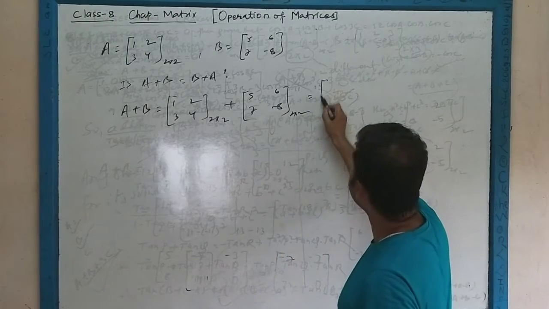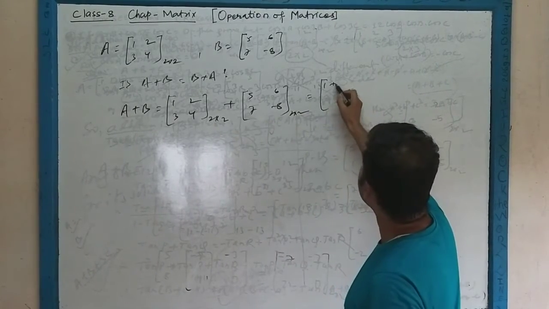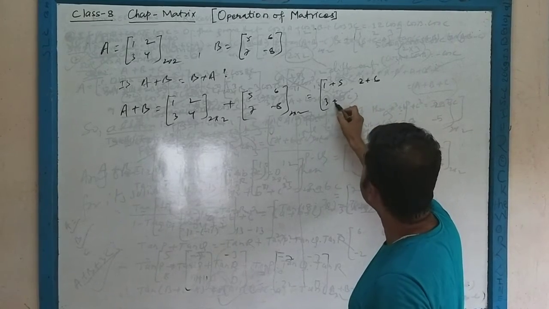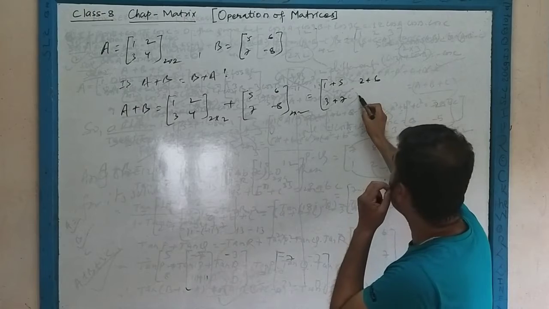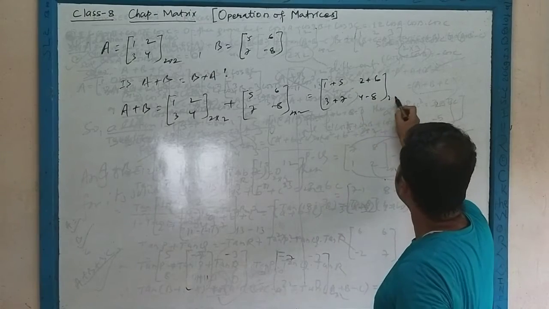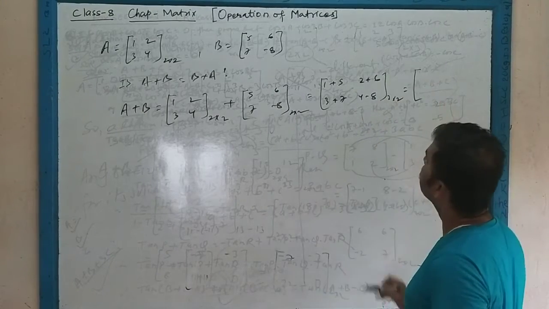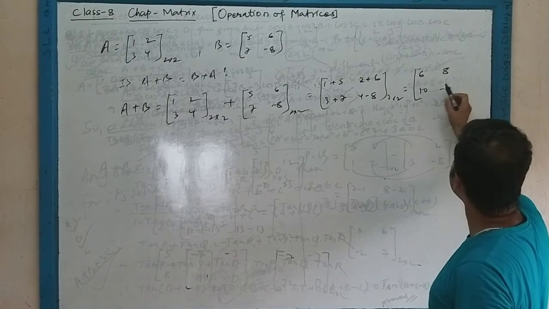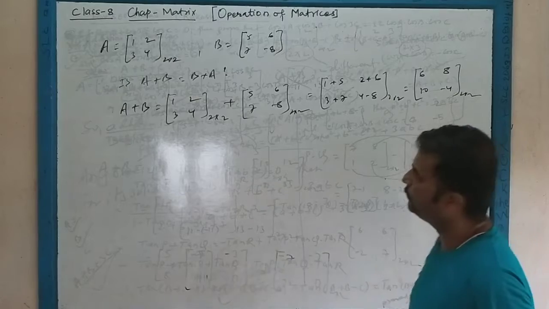So let's add these. 1 plus 5, 2 plus 6, 3 plus 7, 4 minus 8, 2 by 2. That is 6, 8, 10 and minus 4, 2 by 2.